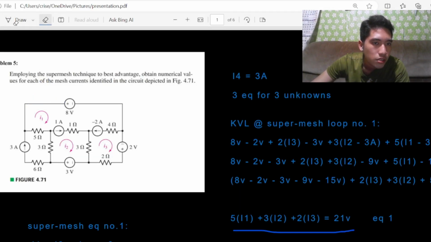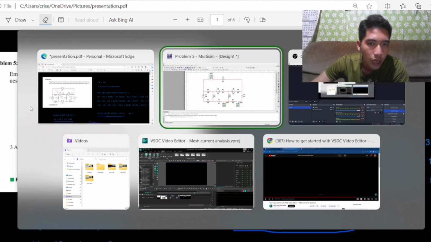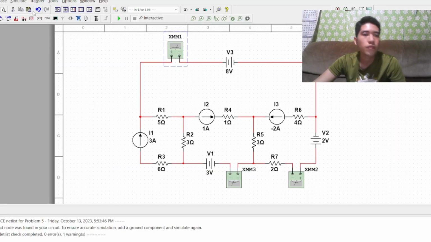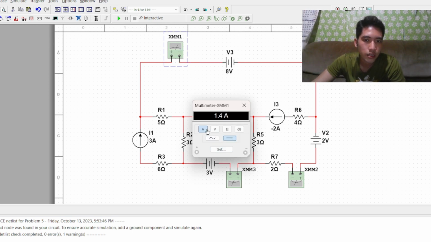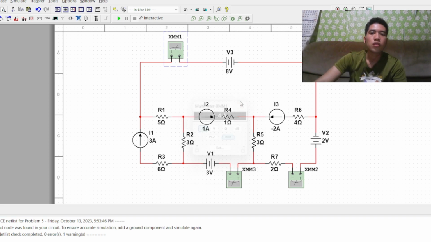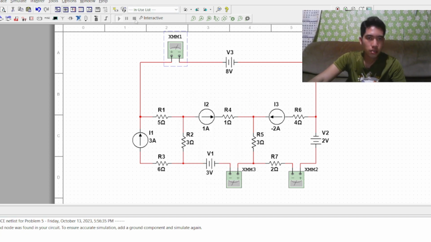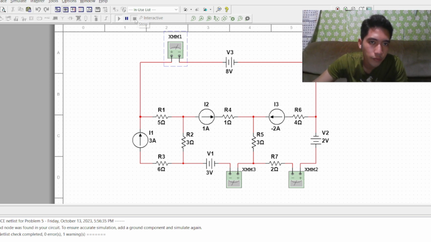So I followed the instructions, copied the circuit, and identified the current flowing through each part using a multimeter connected in series. I set the multimeter in direct current and in ammeter mode. So let's now run this circuit and identify each of the currents flowing.